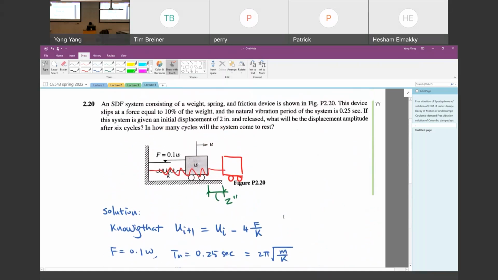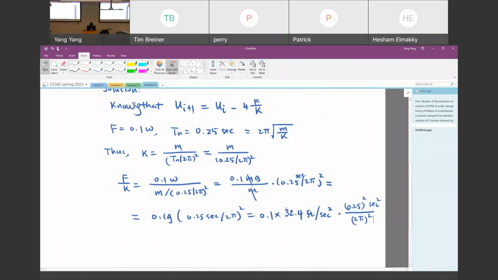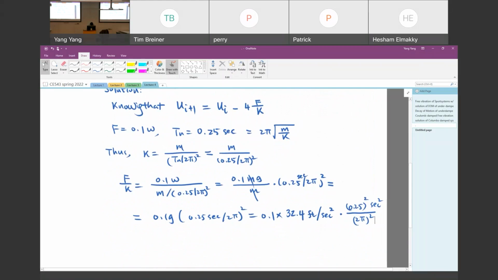There's something wrong with the unit. This one here. Oh, F over k should be included. Right. Okay, I think that's correct. So what number did you get over here?